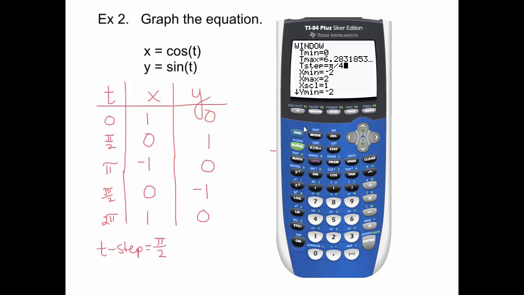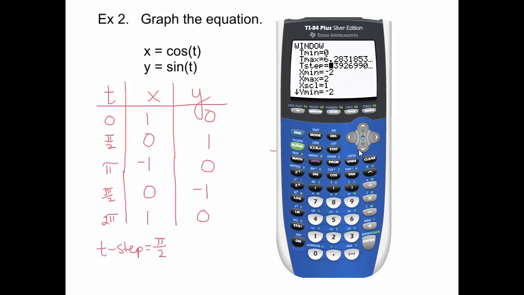So every pi over 4, it's going to graph a position. So notice we're stopping kind of in between those axes, right? So it's pretty octagonal. If I go to pi over 8 as our t-step, we would expect even more of those. And it looks like we are getting closer to a circle.